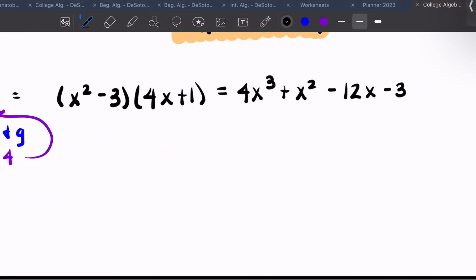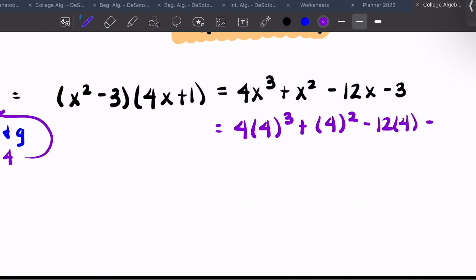Now we're going to plug in 4. I'll change the color to purple to match the other one. So we'll do 4 times 4 cubed plus 4 squared minus 12 times 4 minus 3.